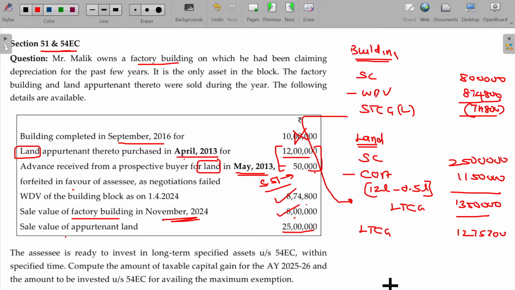So by this Sunday, I will finish off income from other sources post lunch session, and I think I cannot complete 50B today, so I'll complete 50B and then we'll go for income from other sources to be completed by next Sunday. Thereafter, set off and carry forward I need one session, clubbing one session, deductions 3 sessions.